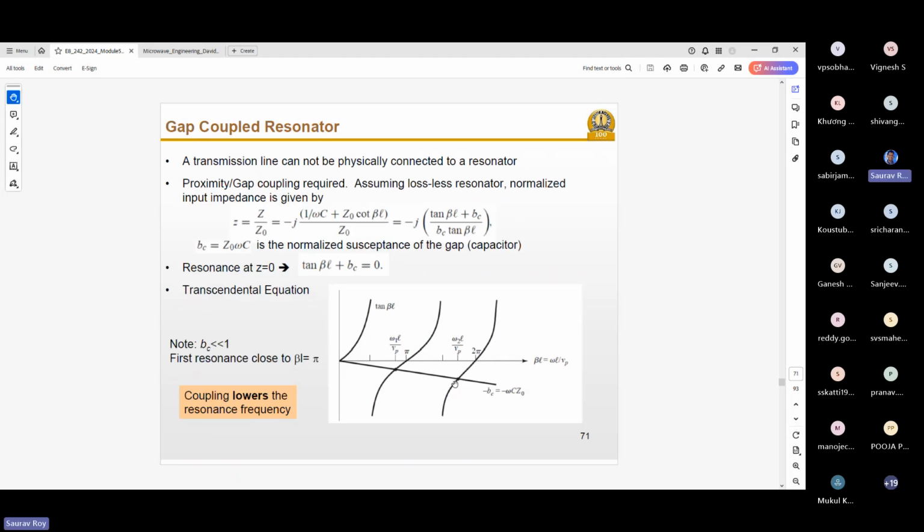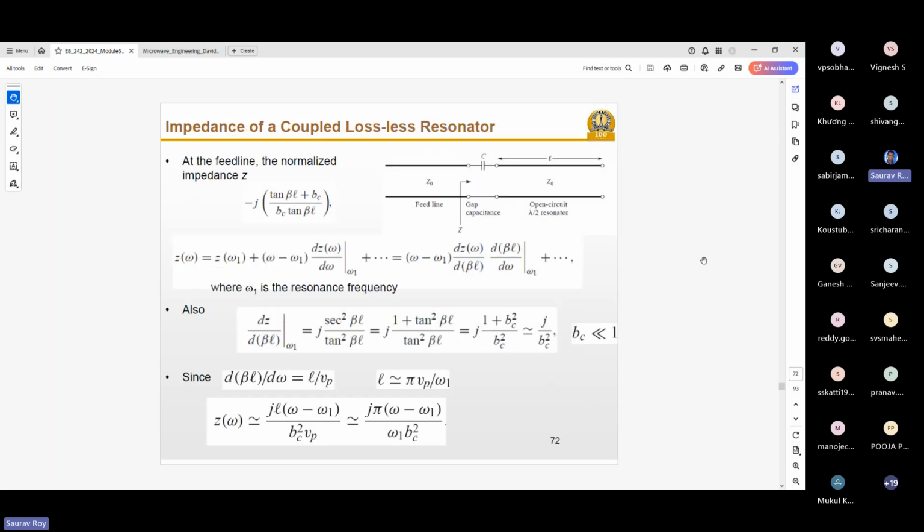Now the analysis is done like this. From the intersection of these two plots, we can calculate where the first resonance will happen. And if you expand the equation of Z of omega, it is called a Taylor series in math. You can expand in terms of derivatives of a function like this.